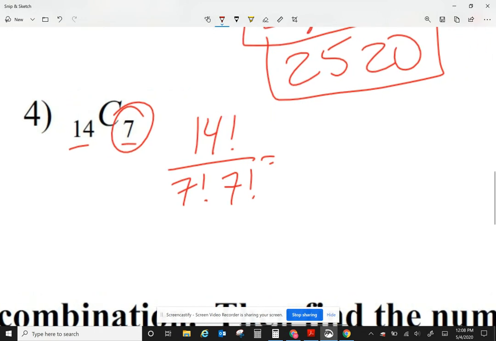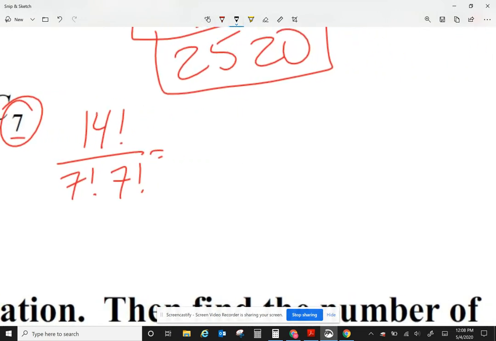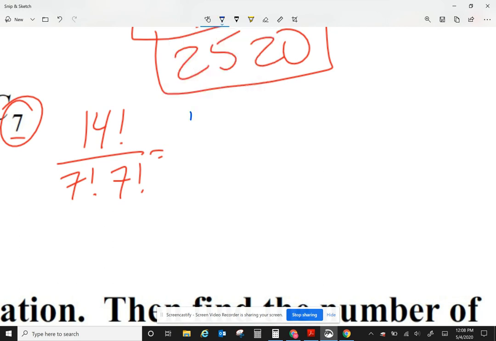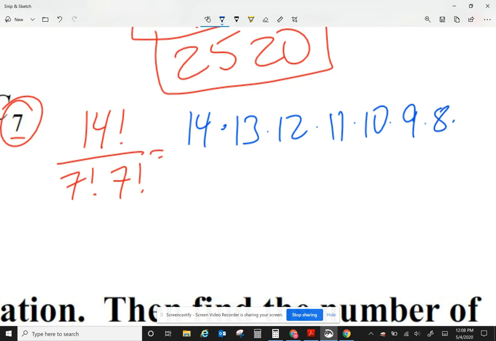All right, so let's see. What does 14 factorial really mean? It means 14 times 13 times 12 times 11 times 10 times 9 times 8 times 7 factorial. Once again, that 7 factorial means 7 times 6 times 5 times 4 times 3 times 2 times 1.